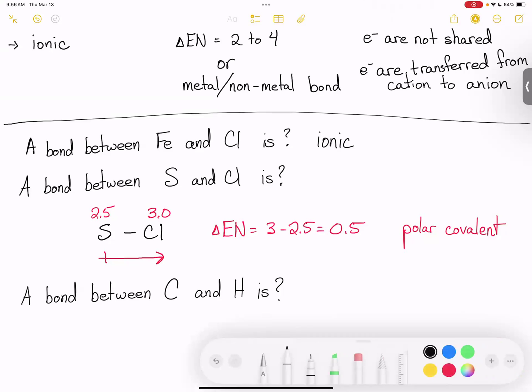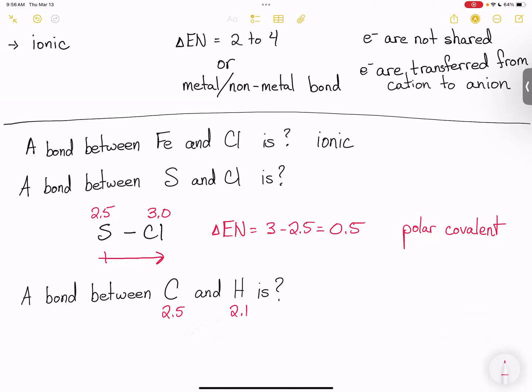Just to help you out, carbon has an electronegativity of 2.5. Hydrogen has an electronegativity of 2.1. Do you want us to say what it is? What is it?